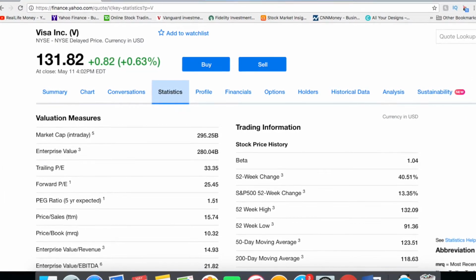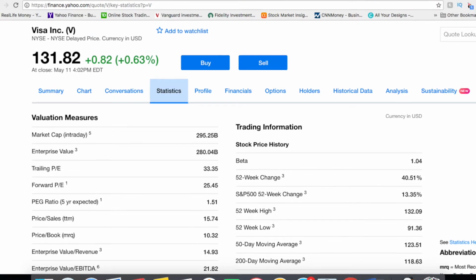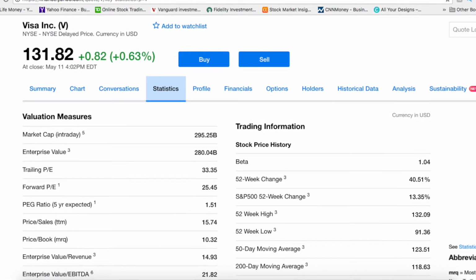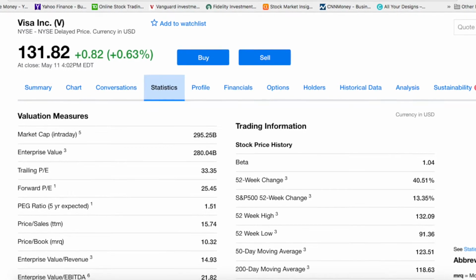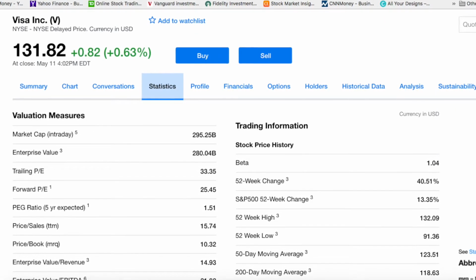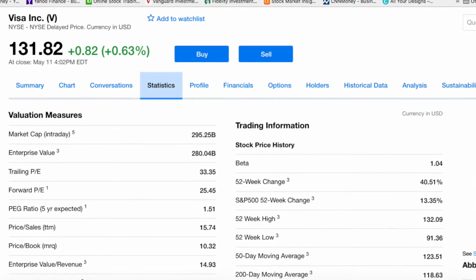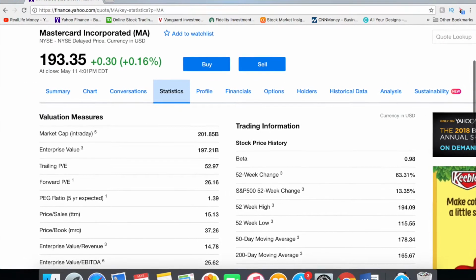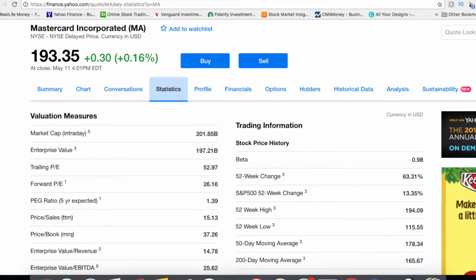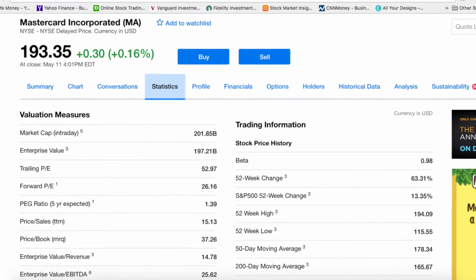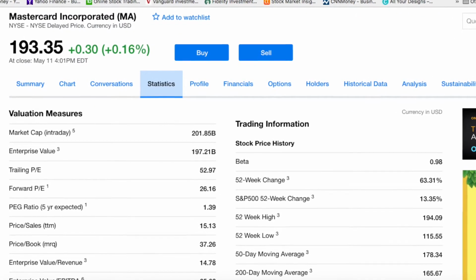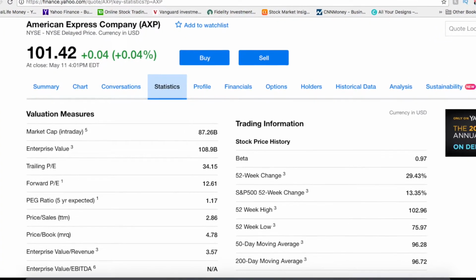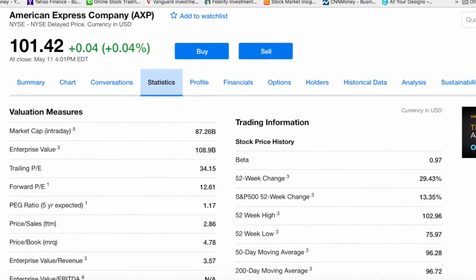We're going to have a bunch of other ratios later on, but their trailing PE, like we said previously, what they had done for the last year, is 33.35. Similar industry, different company, MasterCard, their trailing PE is just under 53, and American Express, their trailing PE is 34.